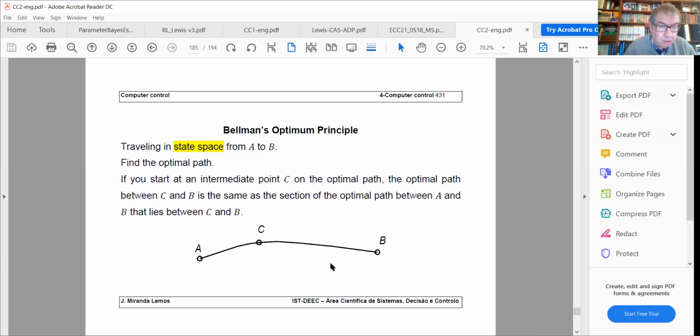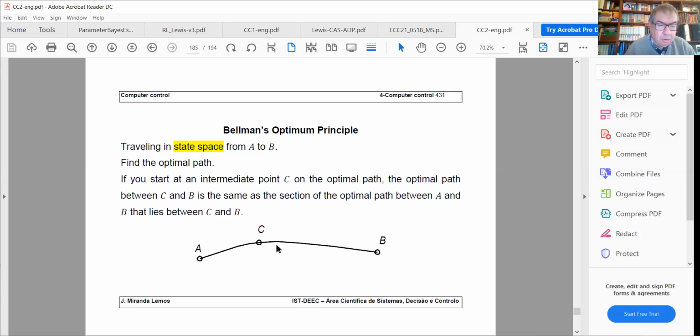Now, suppose that by some means you came to point C, which is over the optimal path. And so you ask, what is now the optimal path to go to Instituto Superior Técnico?